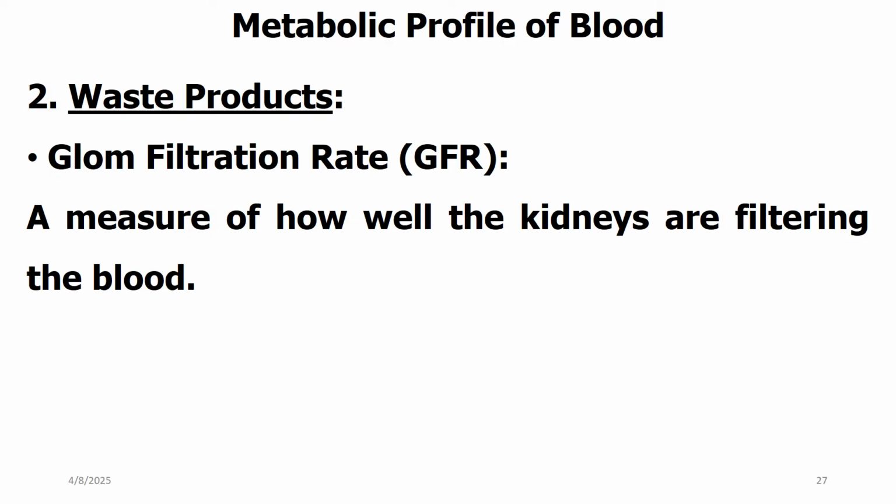Glomerular filtration rate, GFR, is a measure of how well the kidneys are filtering the blood. Remember, the kidney's function is to filter waste products. And of course, there are values attached to this. Once it is above or below the threshold, it indicates a serious problem that requires attention.